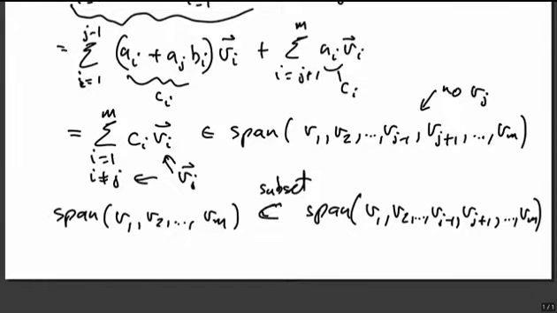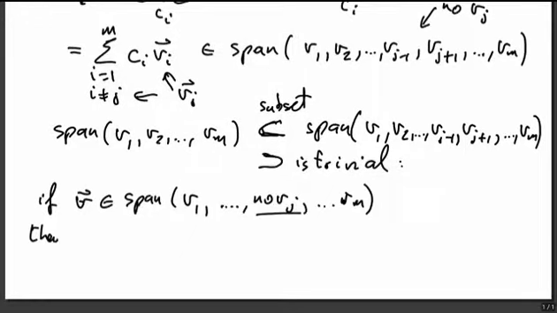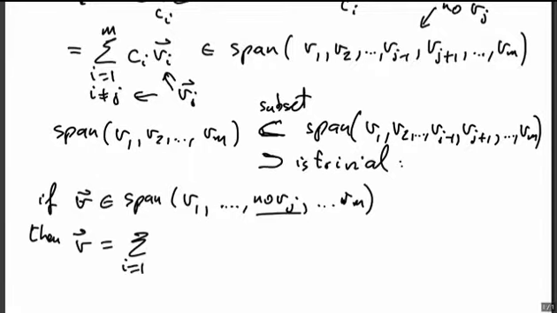The other direction, that the right hand side set is in the left, this kind of inclusion is trivial. If you have a vector v in the span of these v vectors with no vj, then that means that v can be written as the sum as i goes from 1 to m ci vi without the j vector, so i is different from j.